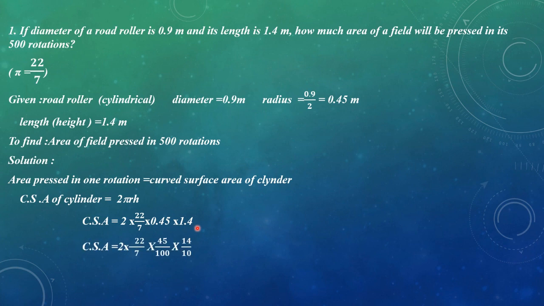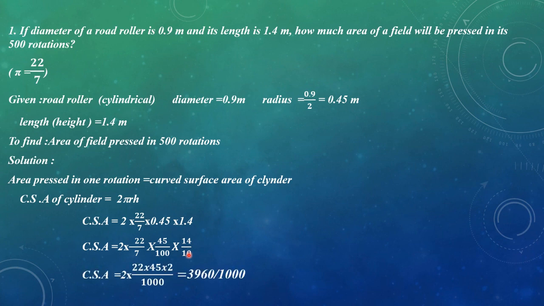When we solve it, we take the decimal points and write it as 2 multiplied by 22 by 7 multiplied by 45 by 100 multiplied by 14 by 10, since here only one decimal point is there.